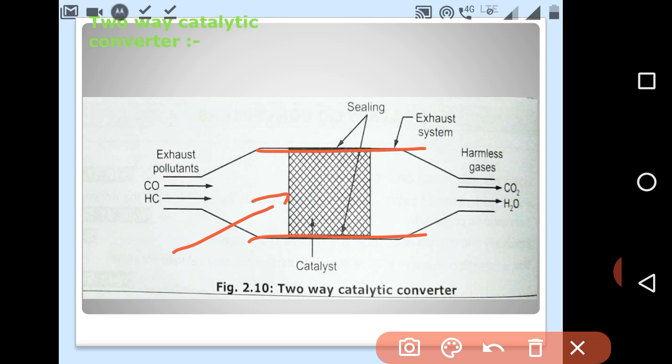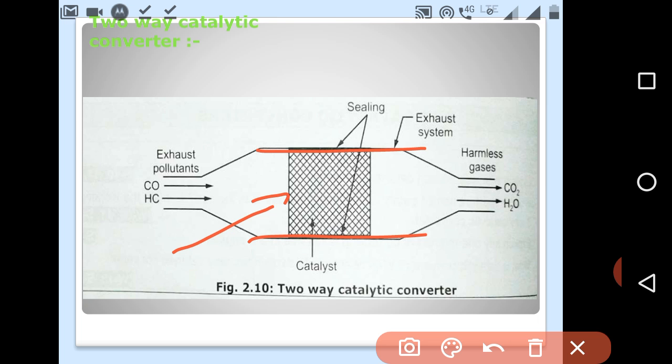We use platinum and palladium to reduce hydrocarbon and carbon monoxide. These pollutants come in contact with the honeycomb structure, whose second layer is platinum and palladium.